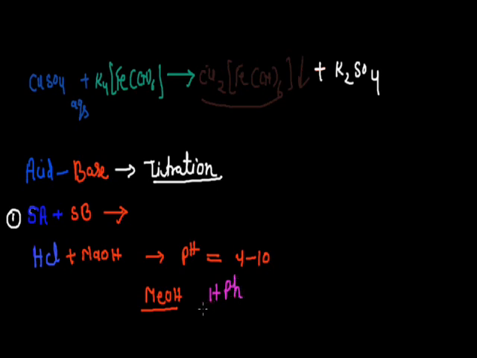So we are using any indicator, methyl orange or phenolphthalein, and we are performing the titration with strong acid and strong base, and its appropriate pH range is 4 to 10.